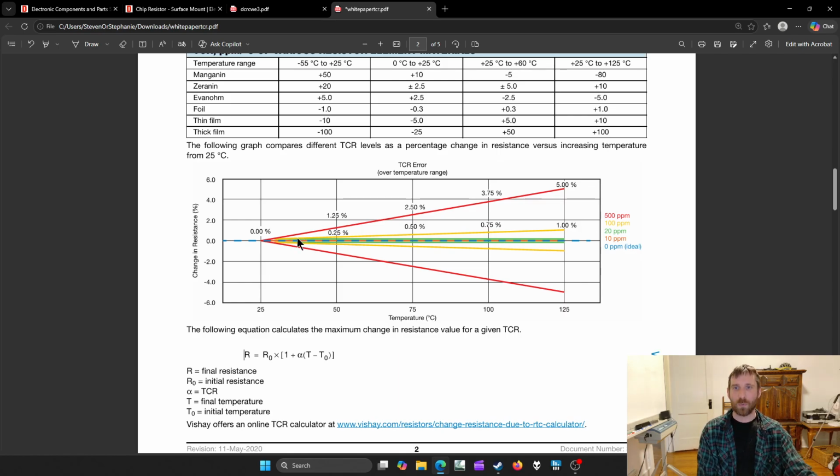So if your resistor, not ambient, the temperature of the resistor itself, is at 125 C, it's going to be plus or minus 1%. This is in addition to the 1% tolerance. So 1% plus 1% means maximum of 2%.